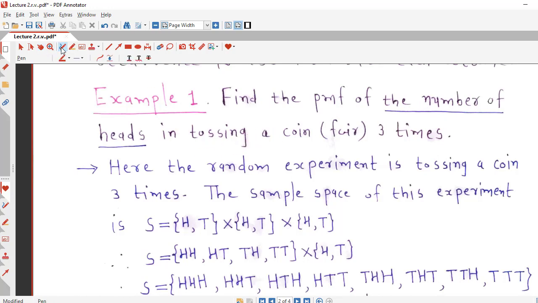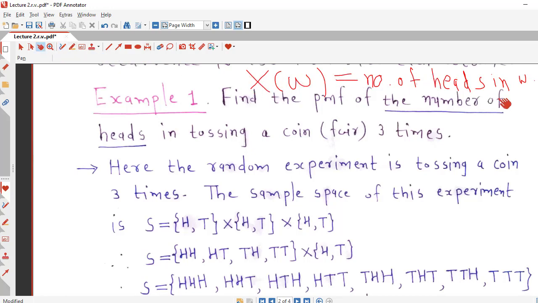It is defined as the image of any outcome omega is nothing but the number of heads appearing in that outcome. So for each outcome in the sample space, we can count the number of heads in that particular outcome.